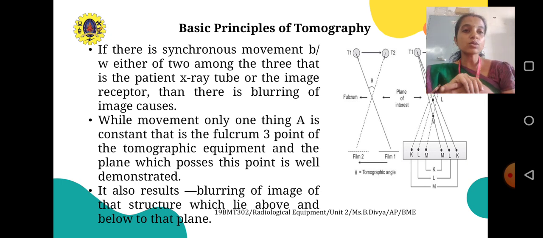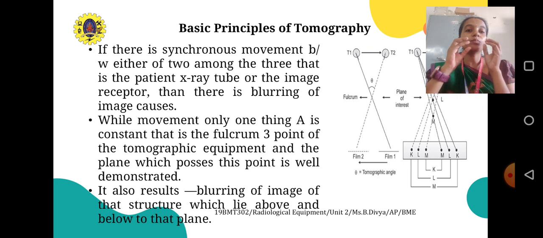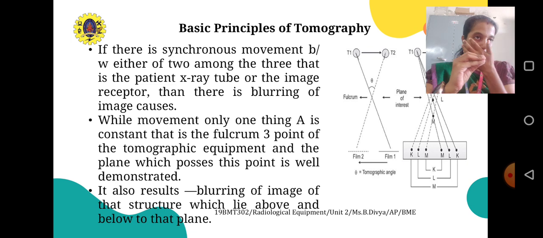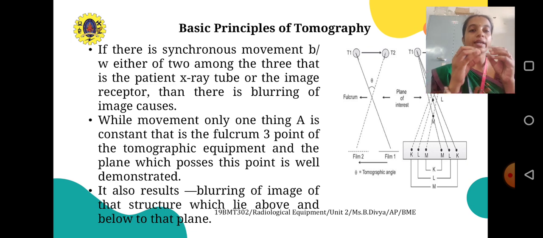While moving, only one thing is constant, that is the fulcrum point of the tomographic equipment, and the plane which possesses this point is well demonstrated. We have a point called the fulcrum or the plane of interest, where the two lines intersect each other.